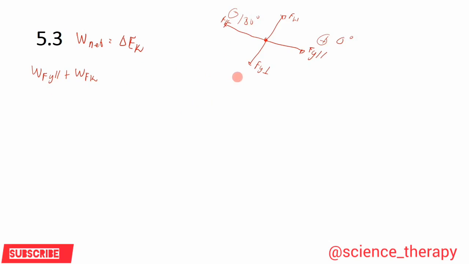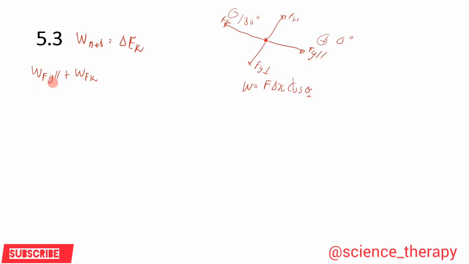So now let's come here. Remember, work is equal to the force times its displacement and the cosine of the angle between the force and the displacement, right? So that is the theta there. Now the F is the force that we are dealing with, the force of interest.